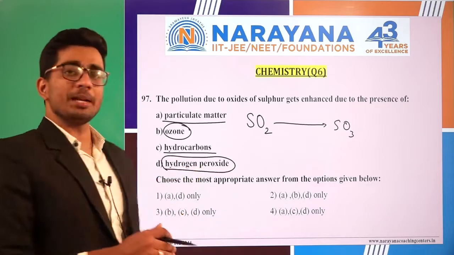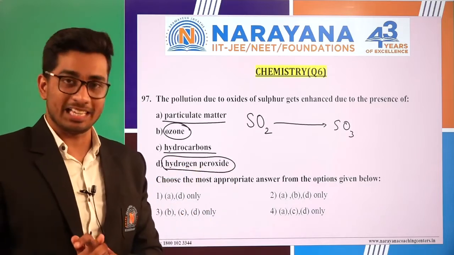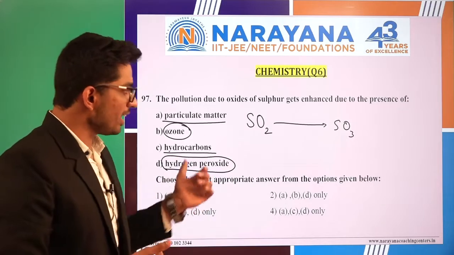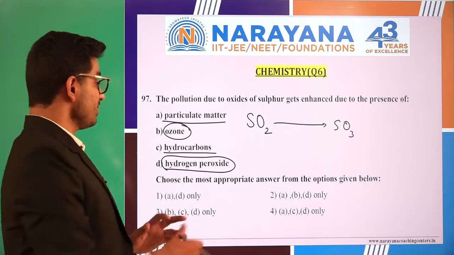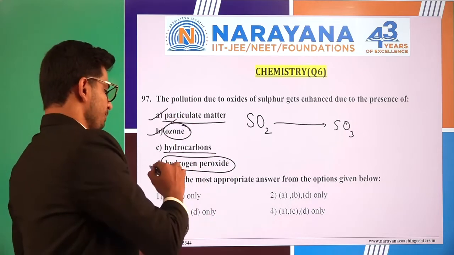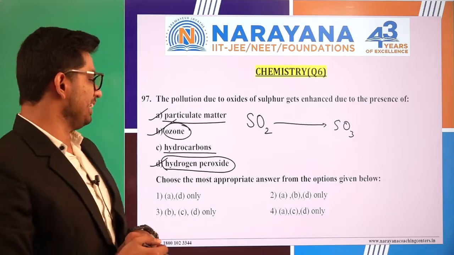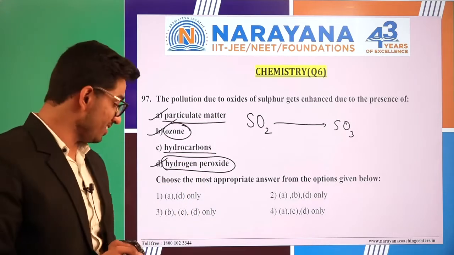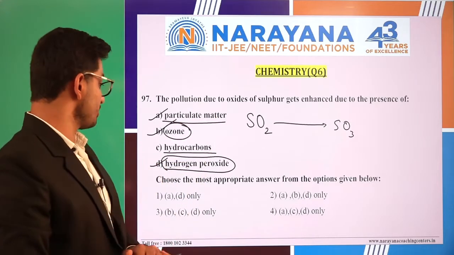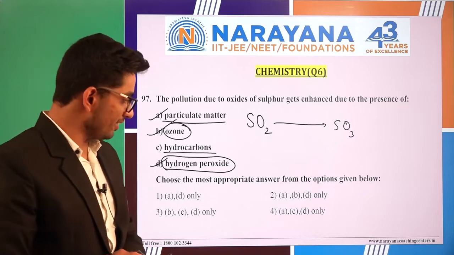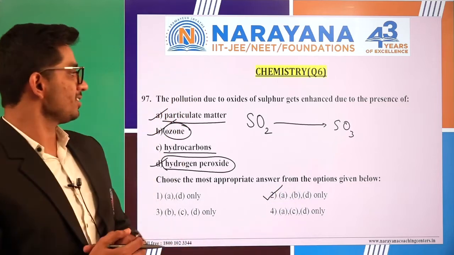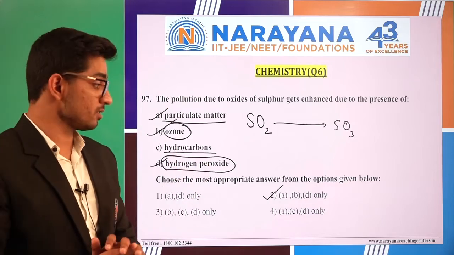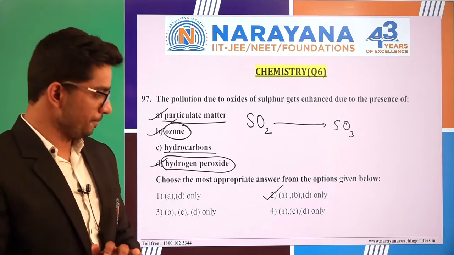We know that peroxides are good oxidizing agents, so peroxide can help the SO2 molecules get oxidized. Hence we have all three possibilities for this conversion, and the correct options here would be A, B and D, and I think that is option number 2. So let's continue to the next one.